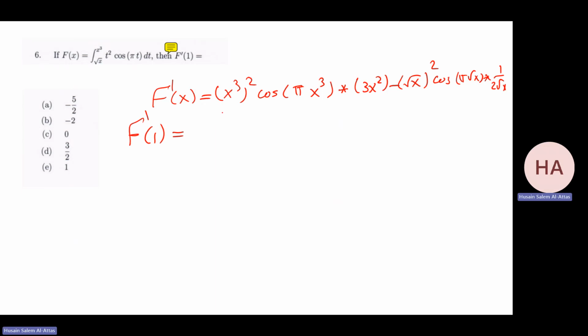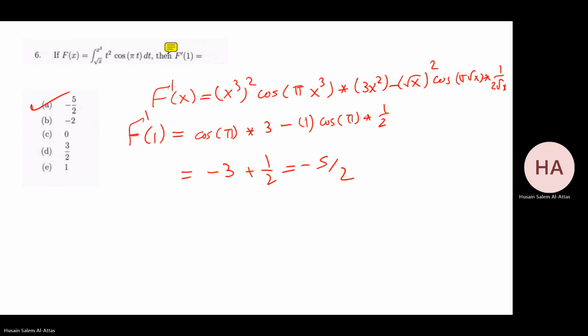That gives me 1 times cosine of pi times 3, minus 1 times cosine of pi times half. Cosine of pi is minus 1. So that gives me minus 3, and minus cosine of pi, minus 1, will be plus half. That gives me minus 5 over 2, which is this. Okay.